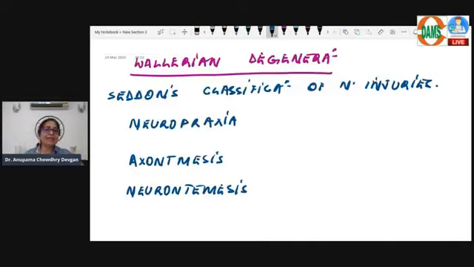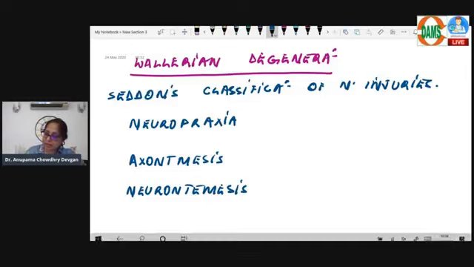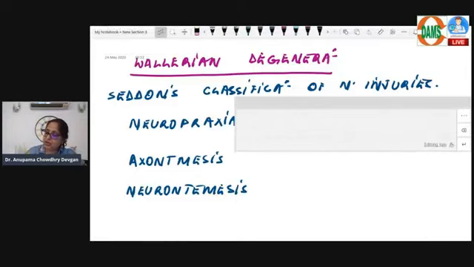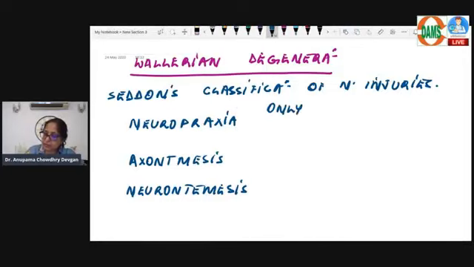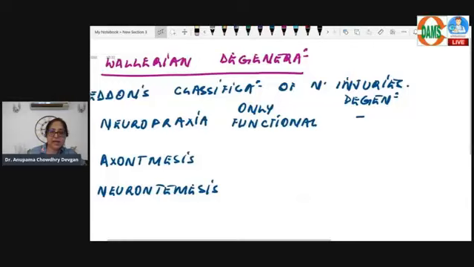That is called neuropraxia. This is just a functional disturbance, right? There is no degeneration that you're going to see over here. Is there going to be any degeneration in the case of neuropraxia? No.